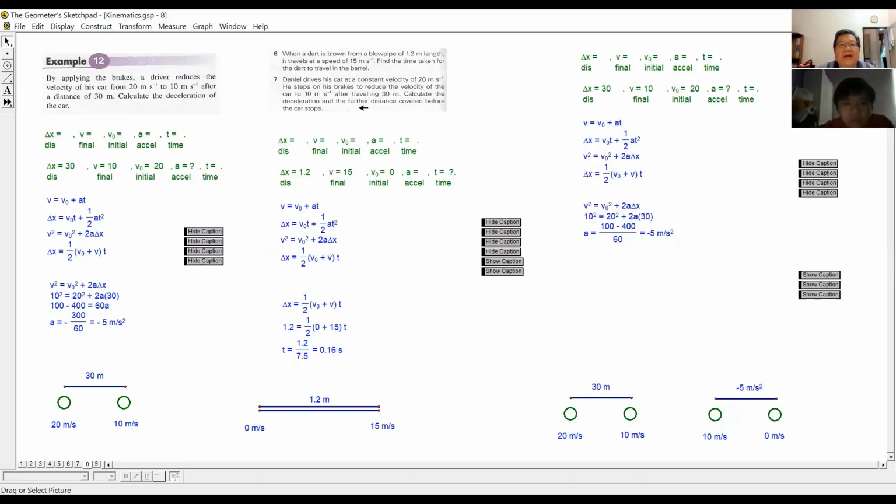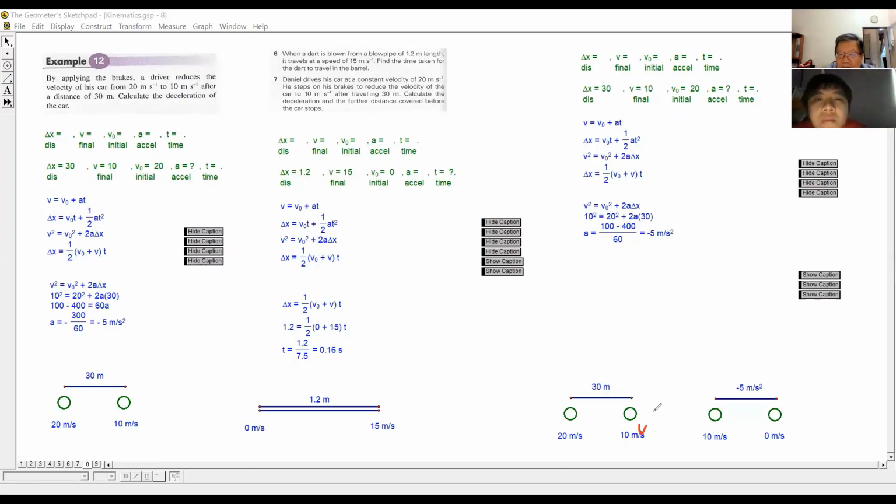Now, the last part, what is this last part all about? The further distance covered before the car stops. So it is the second part of the journey. The second part of the journey is a continuation from the first part.